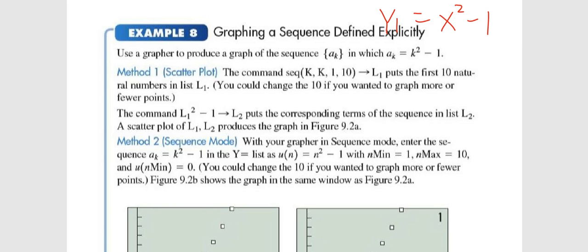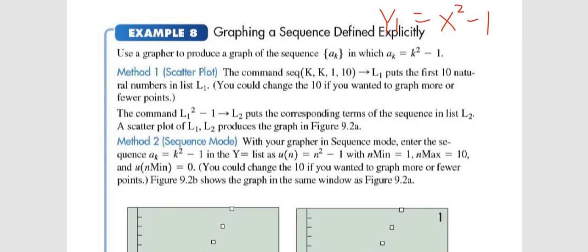Now, the important thing that you understand about sequences is the domain. What's the first number you can plug into a sequence? 1, right? Because you're looking for the first term. What's the second number you plug in? 2, and a 3, and a 4, and a 5, and there's never going to be a 2.57th term.